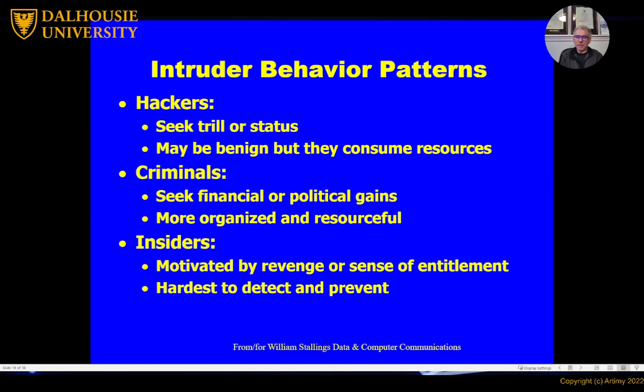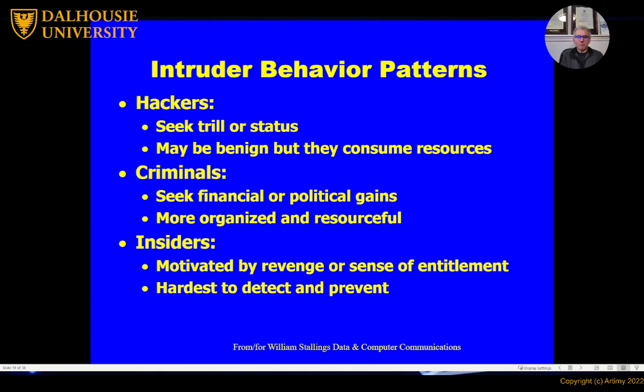But then the hacker became somebody who's probably doing something that they shouldn't be doing, right? And they are pushing the limits. Original hackers were people trying to show off their skills, right? And maybe they're not harmful, but they still disrupt or they do consume resources.